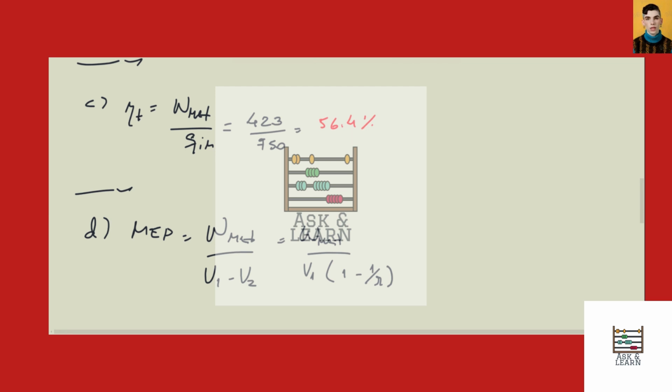Therefore, we have 423 divided by 0.906 multiplied by 1 minus 1 divided by 8, and that gives us 534 kilopascal of mean effective pressure. And that's the final answer to this problem.